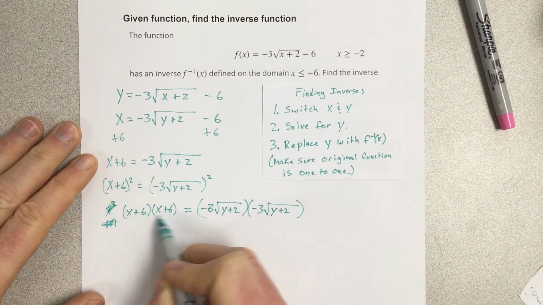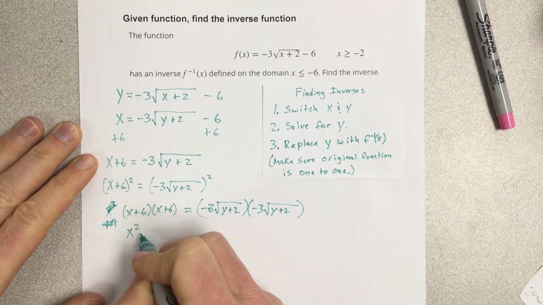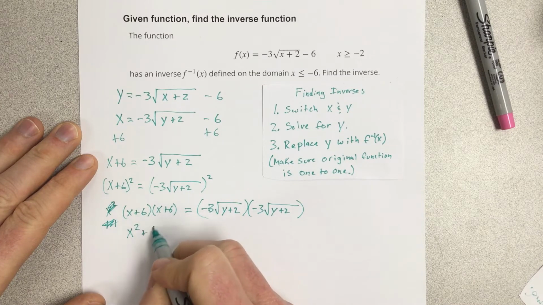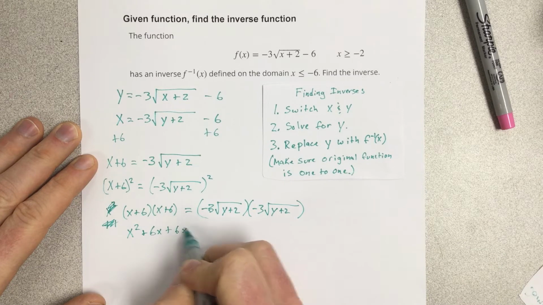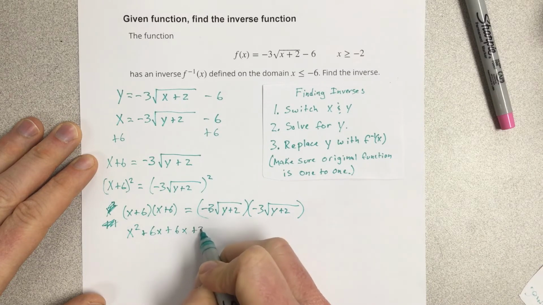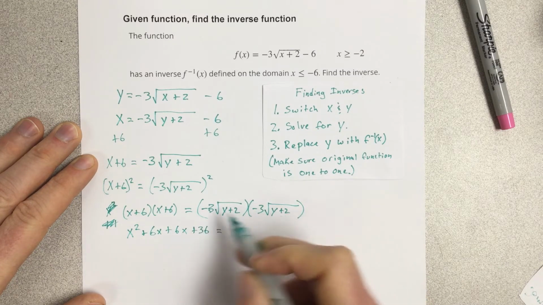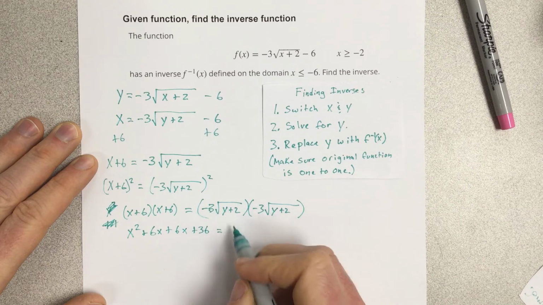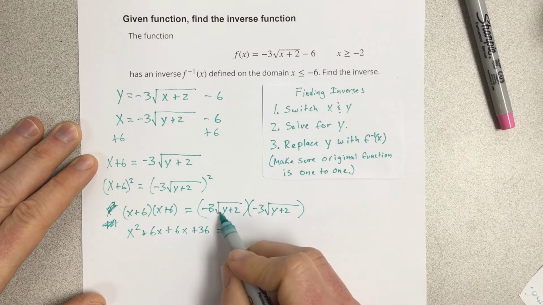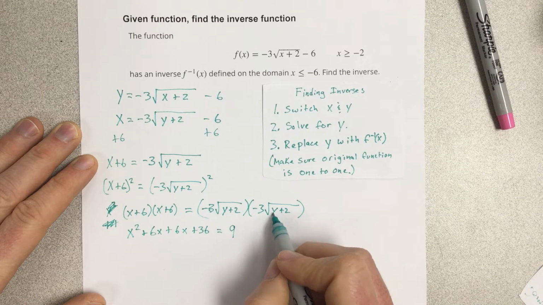When I multiply this, I get x squared plus 6x plus another 6x plus 36 equals, when I take -3 times -3, I get 9. And then the square root of y plus 2 times the square root of y plus 2.